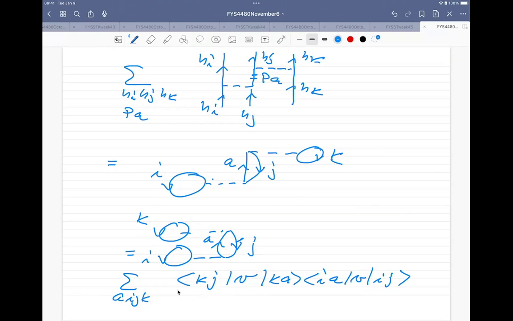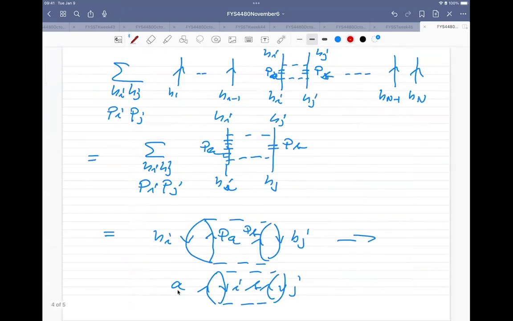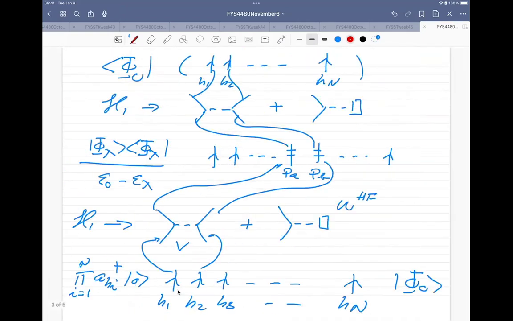Okay, and then I have an energy denominator. And the way to think of the energy denominator, because we're going to set up the rules for calculating these terms, is to draw a line in between here, because that energy denominator is going to be the difference in energies of the excited state. If you look back here, there's going to be an excited state, which is a one particle, one hole excitation.